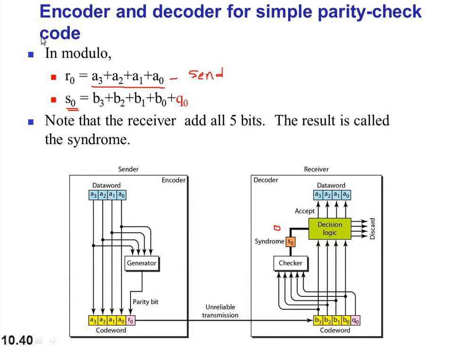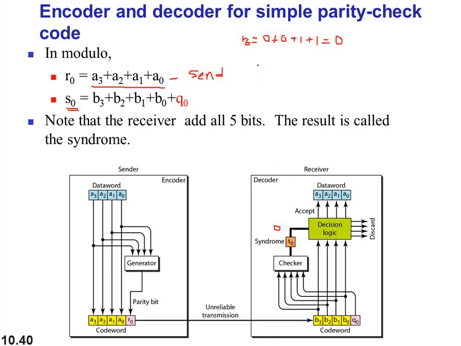Now at the sender we will add this. R0 will be generated by 0 modulo-added with 0, with 1, with 1. 0 with 0 is 0, 0 with 1 is 1, and 1 with 1 is 0, so R0 will be 0.